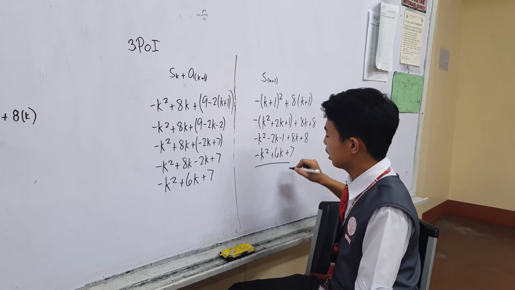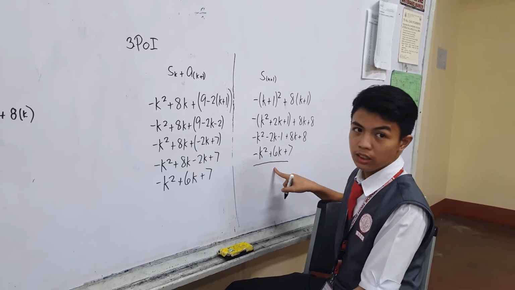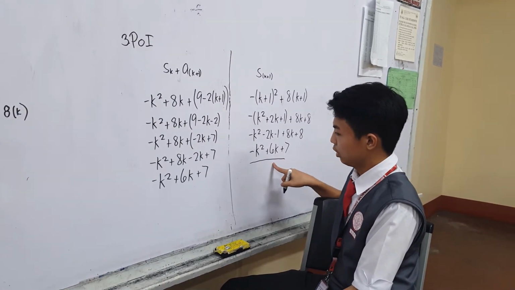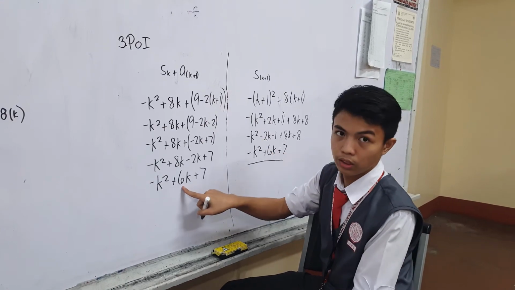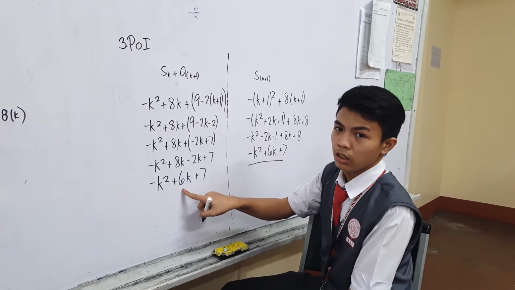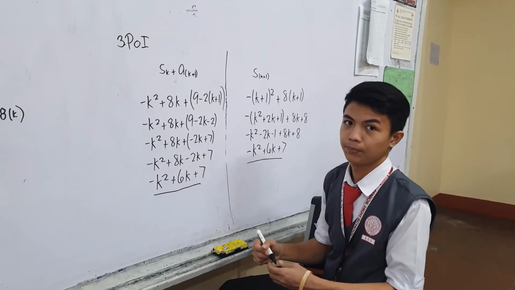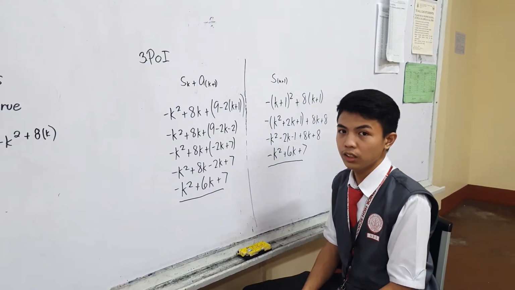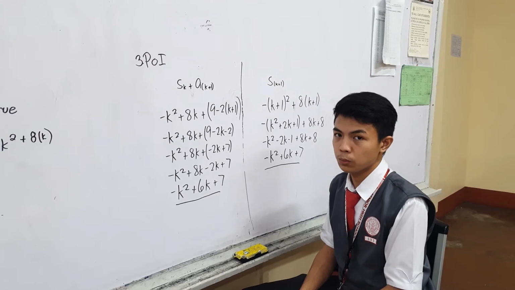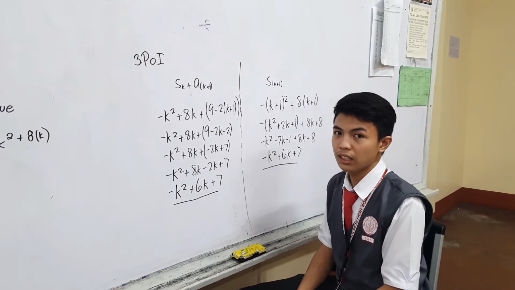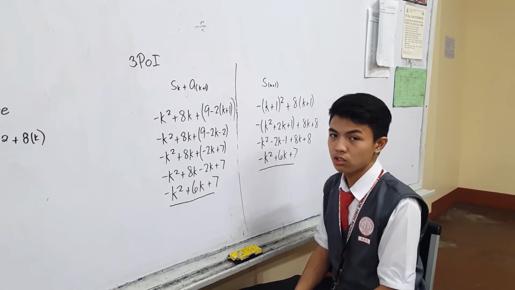This is the final answer. As you can see, the final answer in here is also the same as this one. That's why it is equal. Now that we have proven that the two are equal in this process, we will move on to the next process, which is conclusion.